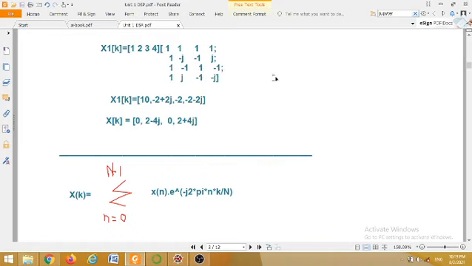To find the inverse DFT, we need to convert the complex terms into complex conjugate terms. If you have minus j, you make it plus j, and if you have plus j, you make it minus j.